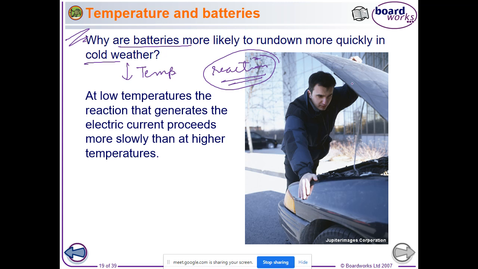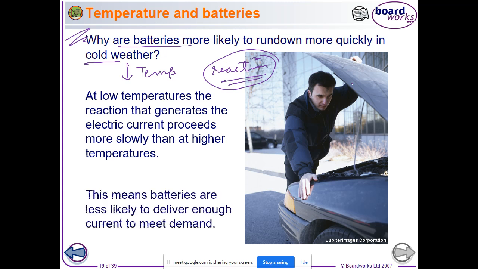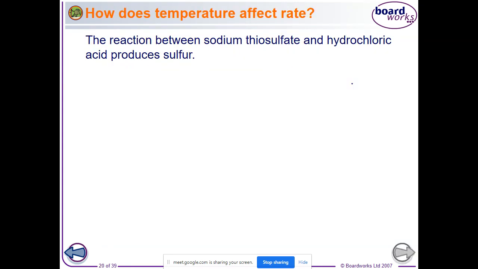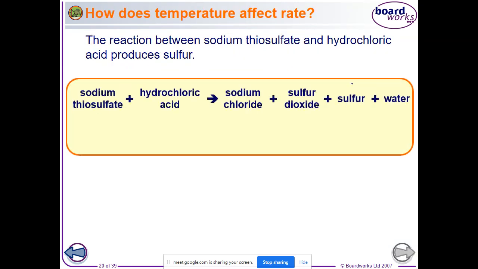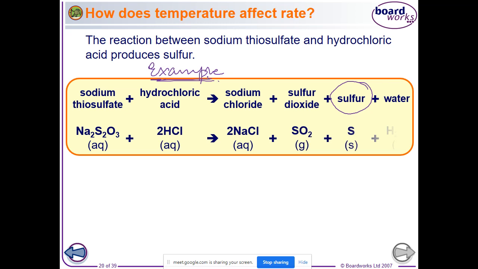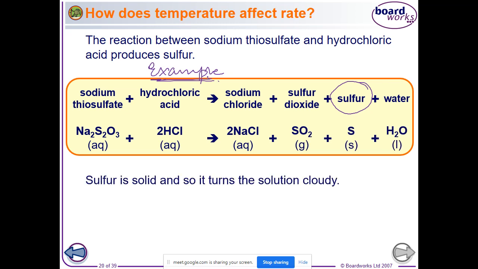Okay, let's move to the next part now. The reaction between sodium thiosulfate and HCl is going to produce sulfur. Can you see here? Just an example. You don't have to remember, just an example for your understanding. This is another reaction. Now, sulfur is actually a solid.